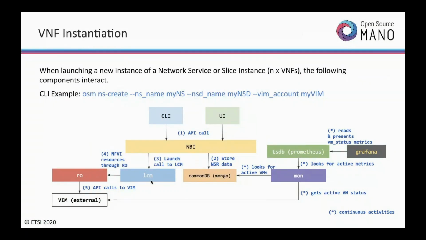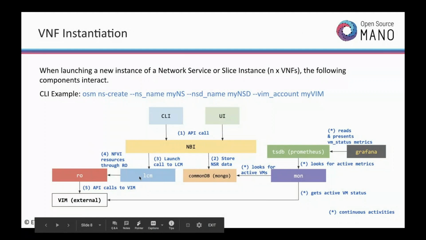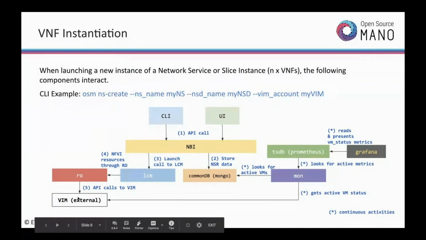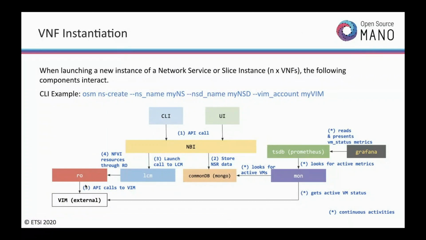So the first component I would look into would be LCM, right? And if LCM shows everything okay, then I would go to RO, which are the main components in the path to instantiating things at the VIM. So LCM, then RO. And that applies to anything else.